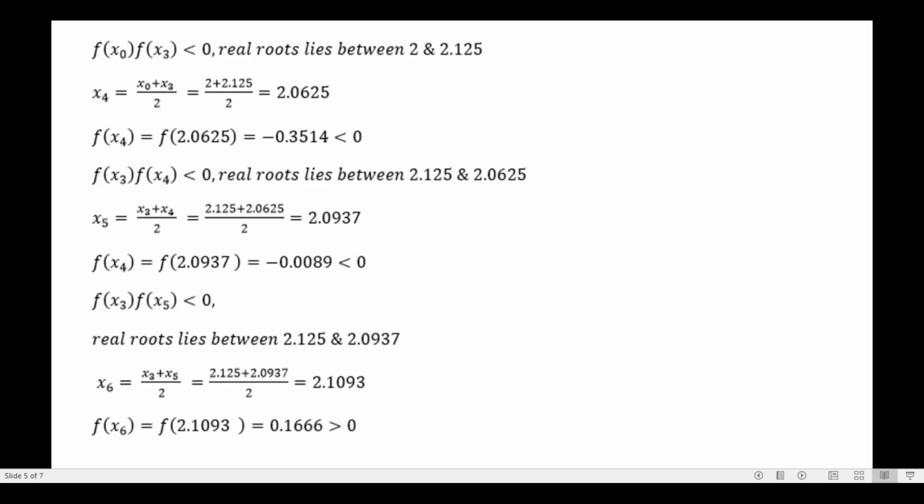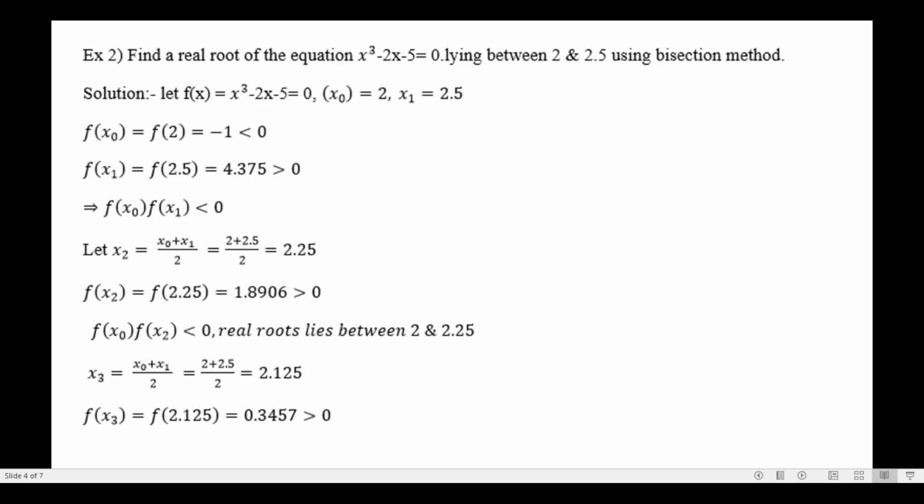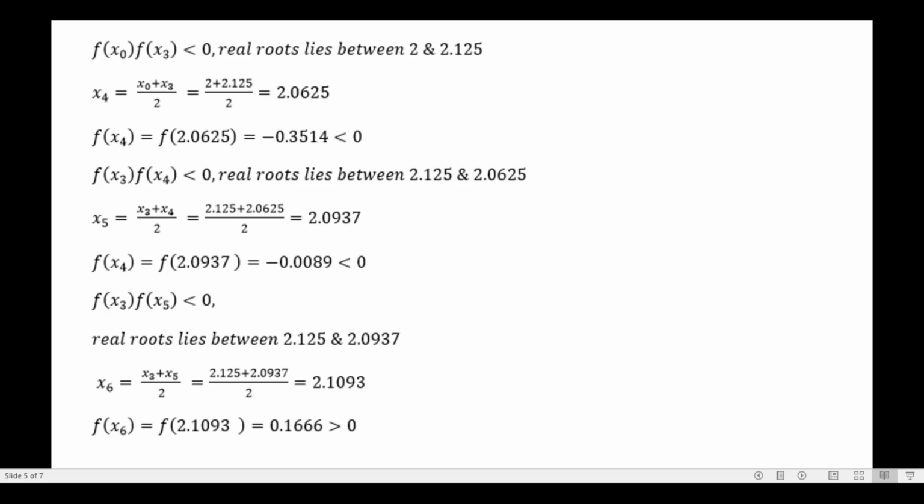That's why in the previous calculations we choose the positive quantity. For f of 2.125 we got greater than 0. That means we can say the root lies between 2.125 and 2.0937.